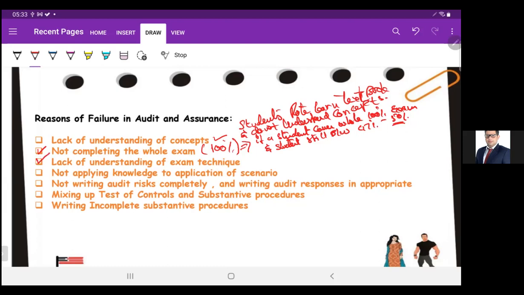Next scenario, lack of understanding of exam technique.